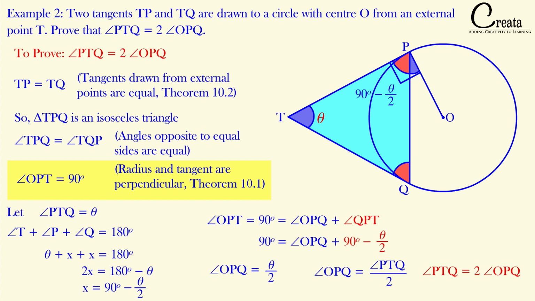That is, radius and tangent are perpendicular to each other. The theorem 10.1. And the last concept, whenever you are having two tangents from an external point that are equal, join the points of contact, it will form an isosceles triangle. And the angles opposite to the equal sides are equal to each other. So based on these three concepts, we have solved this question.